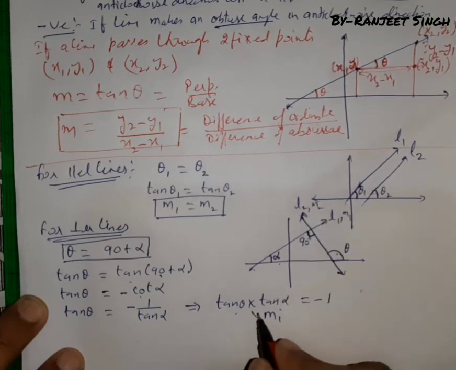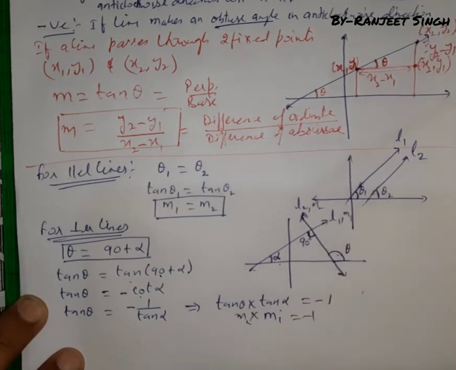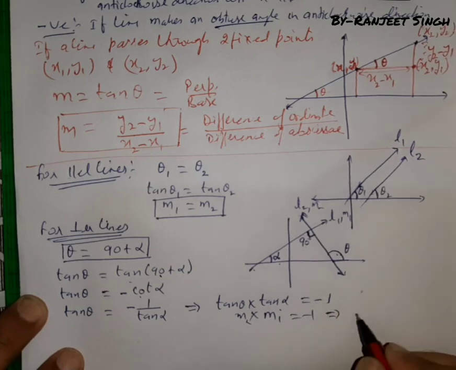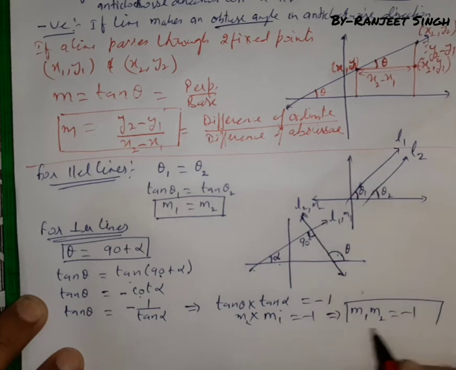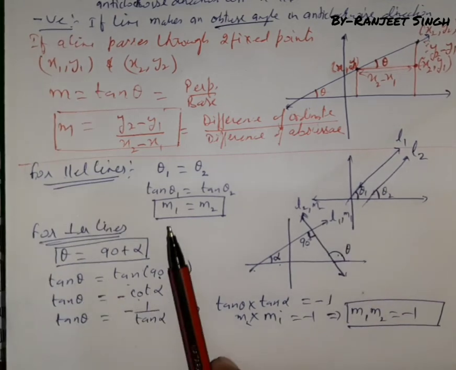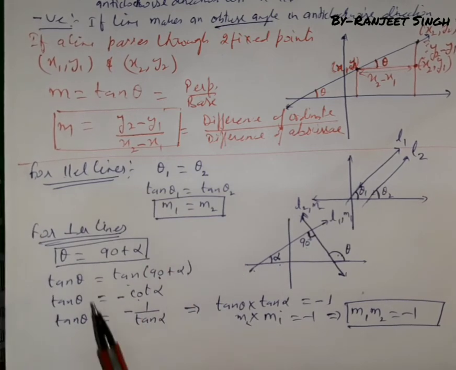So m1 multiplied by m2 is equal to minus 1. So for simplicity, the product m1 m2 is equal to minus 1. This is also a very important point. So for parallel lines, the slopes are equal, and for perpendicular lines, the product of the slopes will be equal to minus 1.